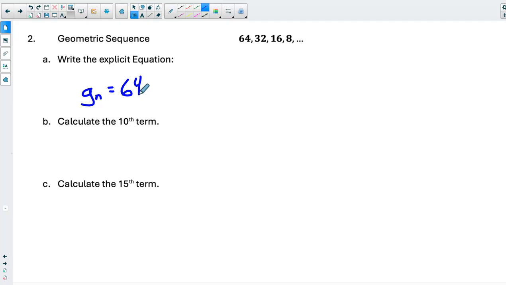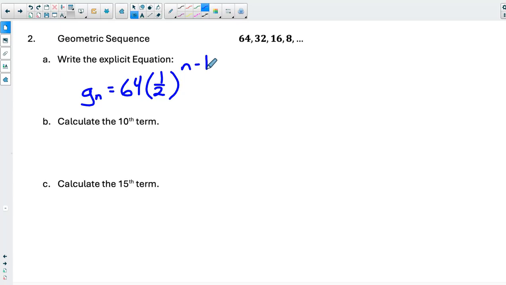We never divide. Okay? So some of you might have been tempted to say divide by 2, and I get that. Okay, it's doing something that's kind of equivalent. But we are always going to use the fraction because we are always going to multiply. We never divide in a geometric sequence. So I'm going to have 1/2 and then n minus 1.